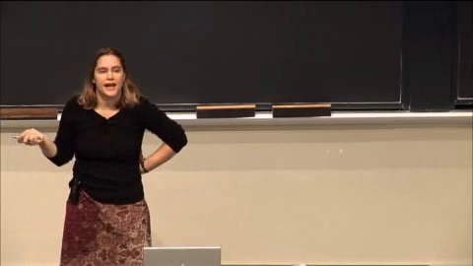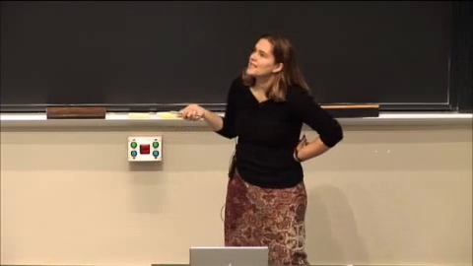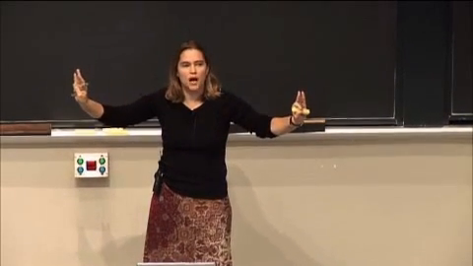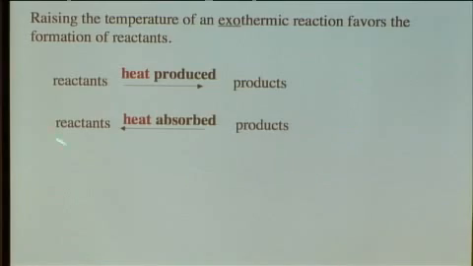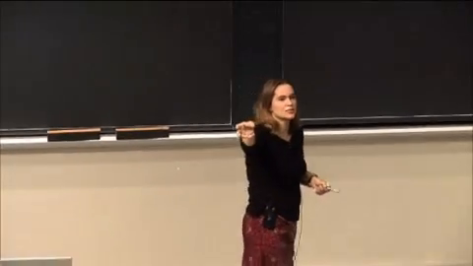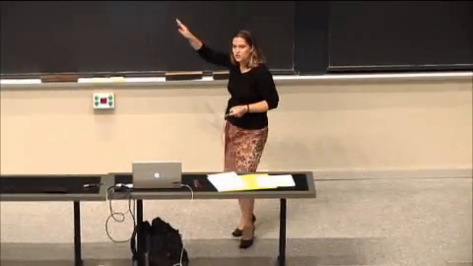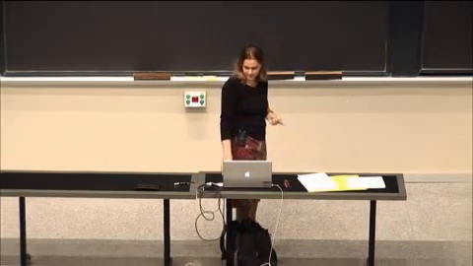If it's an exothermic reaction, that means it's exothermic in the forward direction, which would mean it's endothermic in the reverse direction. So if you raise the temperature of an exothermic reaction, you're adding heat. The system wants to respond in such a way to absorb that heat. So it would shift toward the endothermic direction of the reaction, which is the reverse direction toward reactants. So add heat, and the system wants to shift to absorb some of that heat. In this part, you think about the direction of the reaction, whether it's exothermic or endothermic, and then think about compensating for that stress.